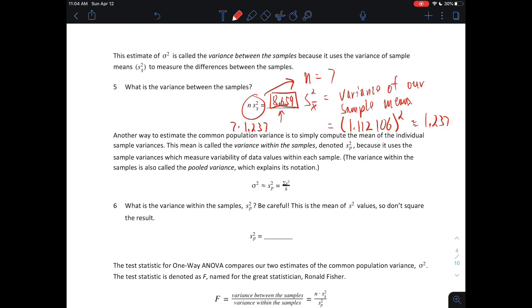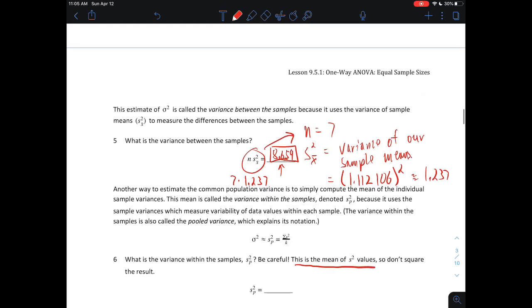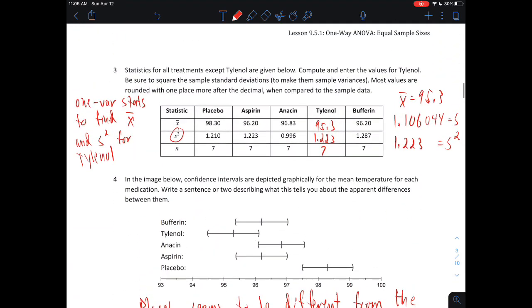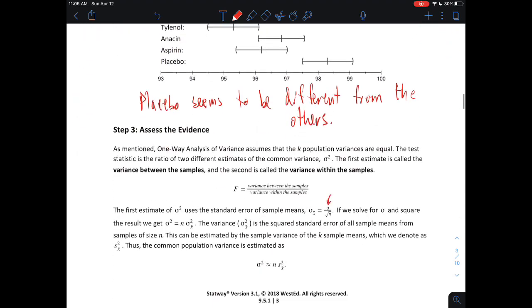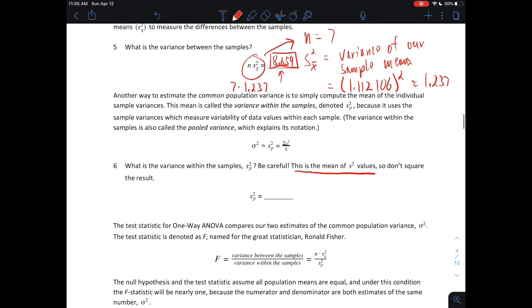S sub p squared. Be careful, this is the mean of S squared values, so don't square the result. So this means that we go back to our table on the previous page where we had those S squared values, and we find the mean of those, which means let's just add those 5 numbers up in the row for S squared and then divide by 5. That's all that this calculation is.